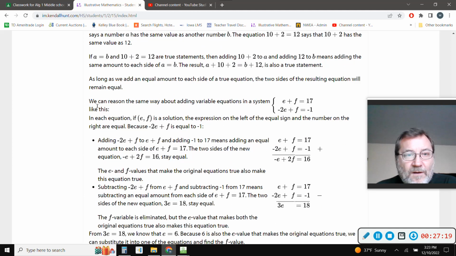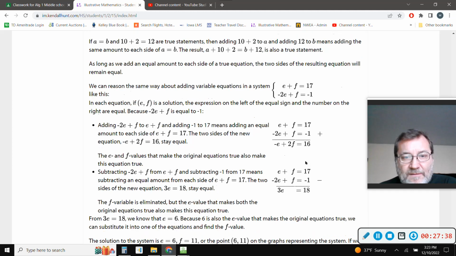We can reason the same way about adding variables. If I have these equalities and I add them, I can get this. Negative 2 plus 1 is a negative 1. 1 plus 1 is 2. 17 minus 1 is 16.